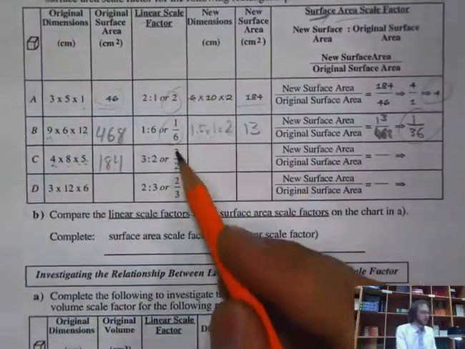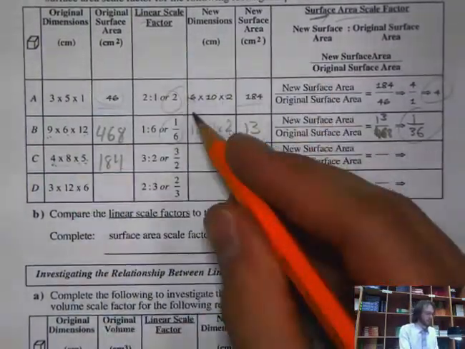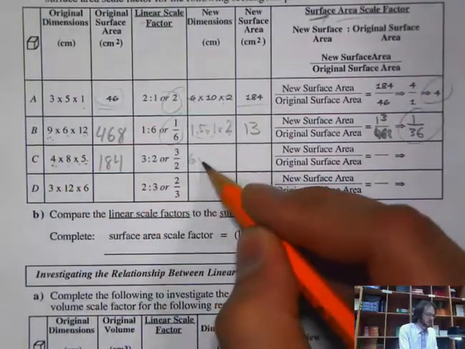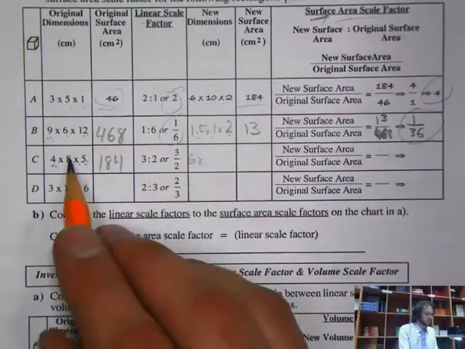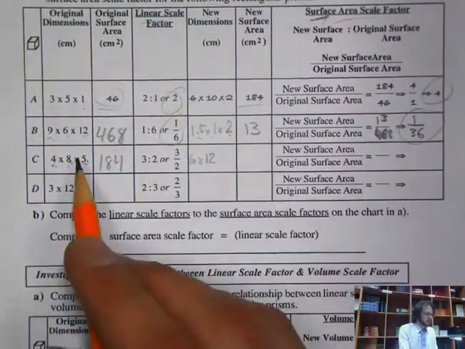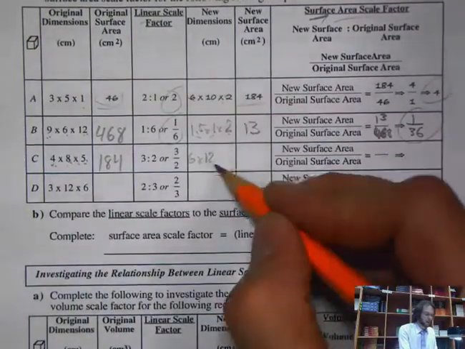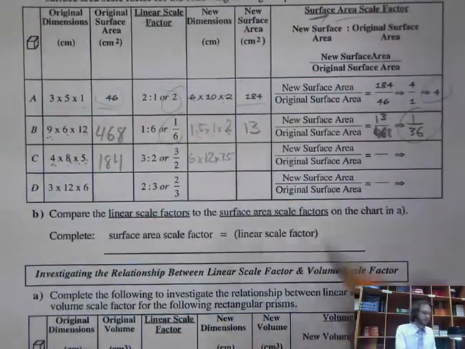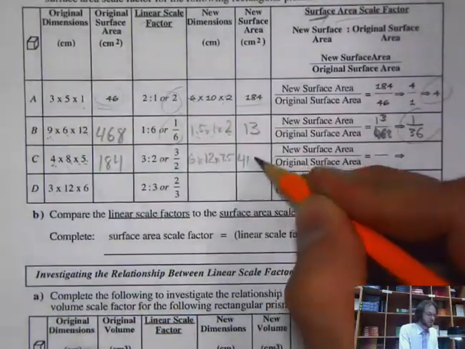Now, we take a look at this here. We want 3/2 of everything. So 12 divided by 2 is 6, and then we have 12 by 5, which is going to be a 7.5. Now this one here, we do the same thing, and I'm going to end up getting 414.